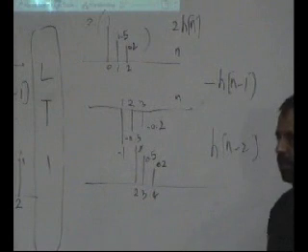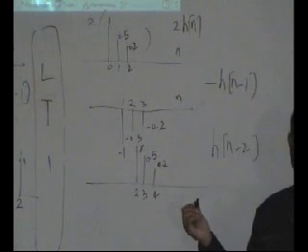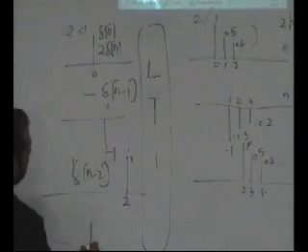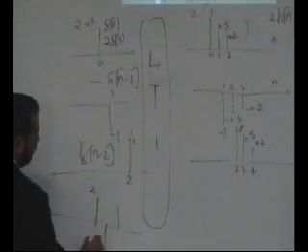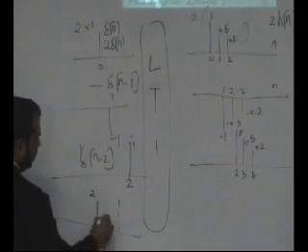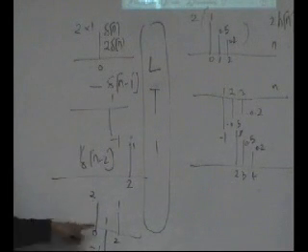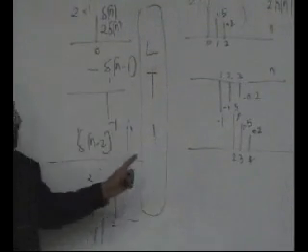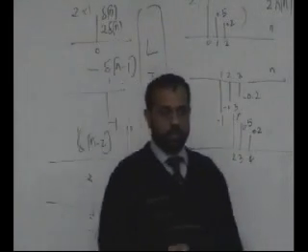Now linearity tells me that if I add all these 3 inputs together, I get this, this and this. So 2 and minus 1 and 1. Linearity tells me that if I'm adding inputs together, I should also add the outputs together to get the output, right?